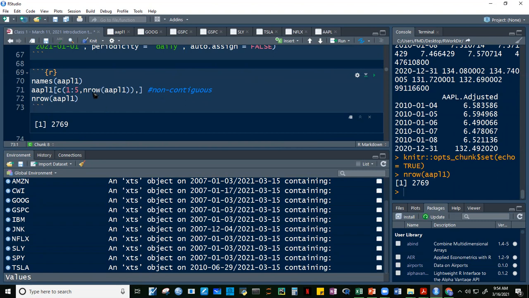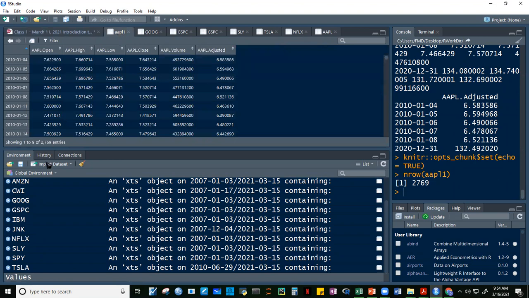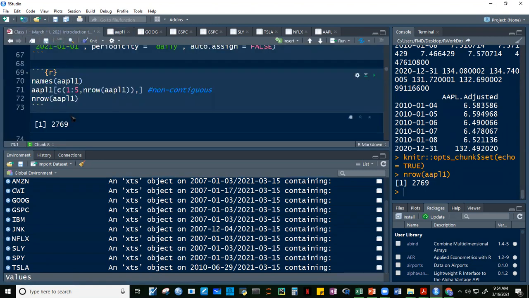Yan. So, ito 1 to 5. Kanina sinulat natin 2769, di ba? Pero hinanap muna natin. Pumunta tayo kay Apple, tingnan natin ilang entries ba, 2769. But instead of doing that, let's use the function nrow for R to count ilang yung rows ni Apple 1.